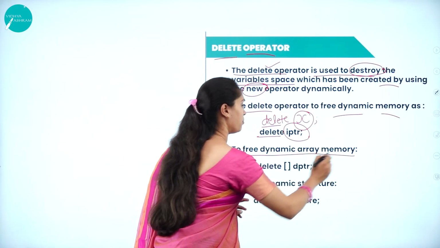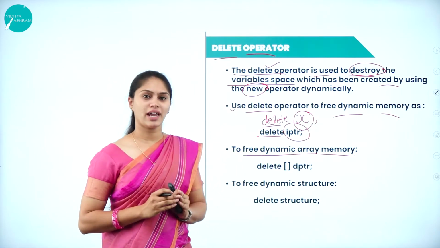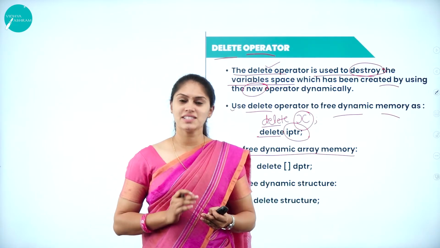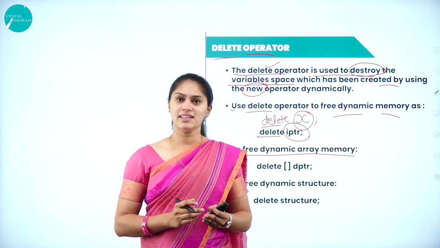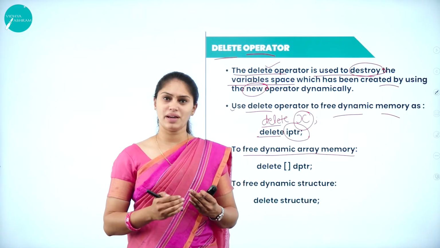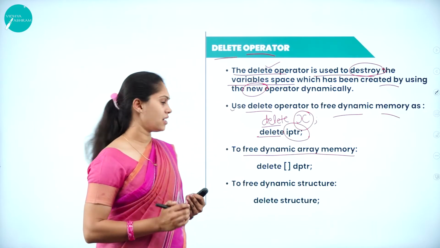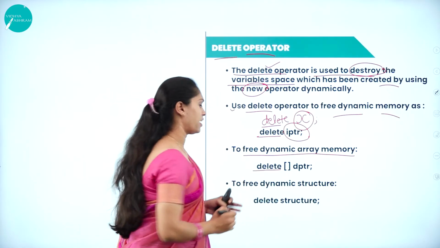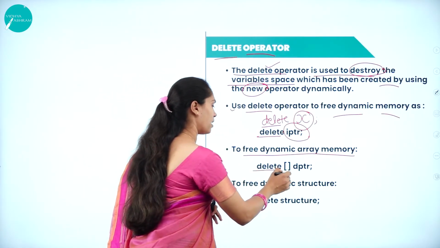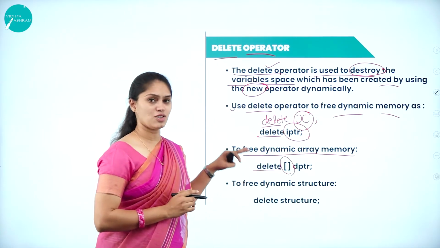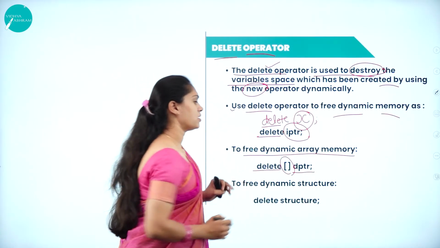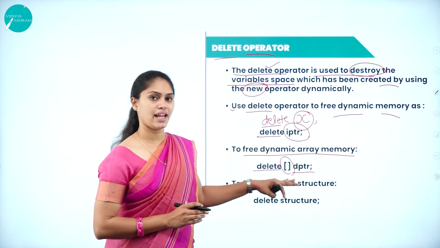Free the array memory. So I am going to allocate or create some memory space for the array. Then how to destroy the memory space which is allocated for the array? For that I need to specify the delete keyword and I must specify the size of the array along with the array pointer or array name.